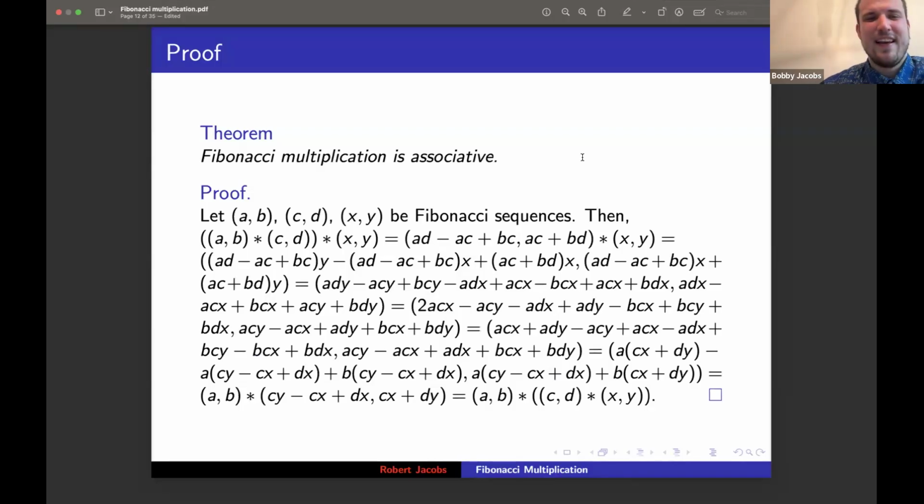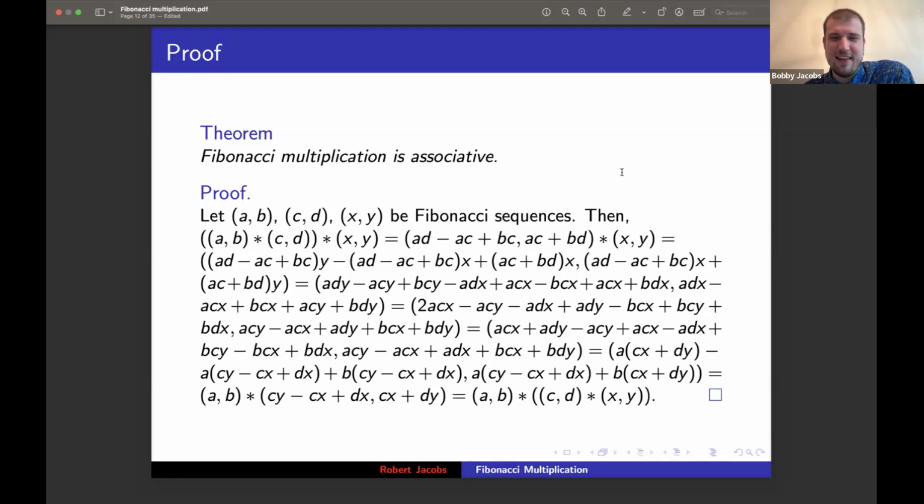So we'll let (A,B), (C,D), and (X,Y) be Fibonacci sequences. Then ((A,B) times (C,D)) times (X,Y) is (AD minus AC plus BC, AC plus BD) times (X,Y), which basically equals all this.